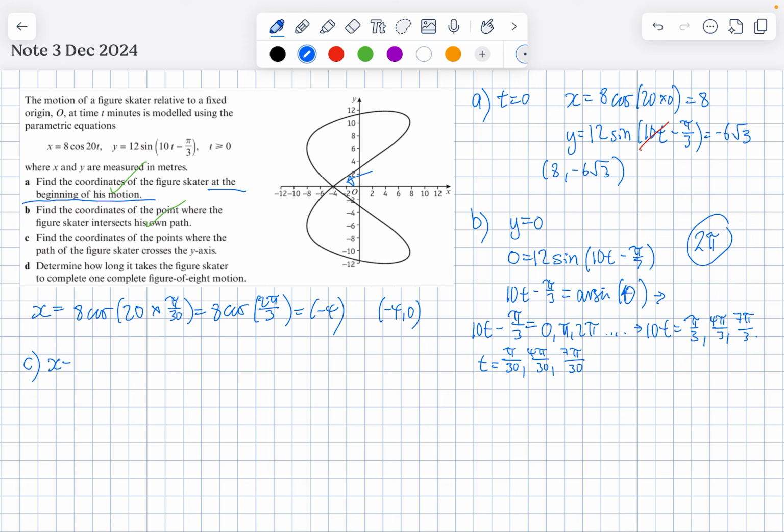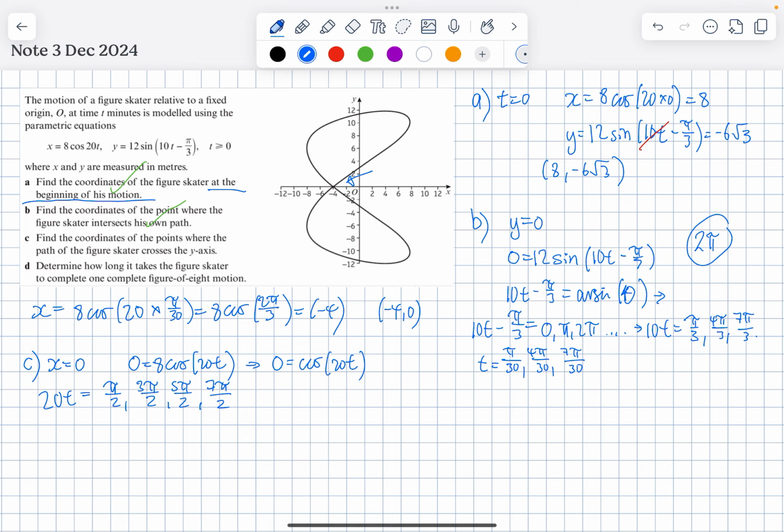So this time x is equal to 0. So that means that 0 is equal to 8 cos 20t, and therefore 0 is equal to cos of 20t, because if I divide by 8, I get the same thing. So now that means that my 20t is equal to pi over 2, 3 pi over 2, 5 pi over 2, 7 pi over 2.